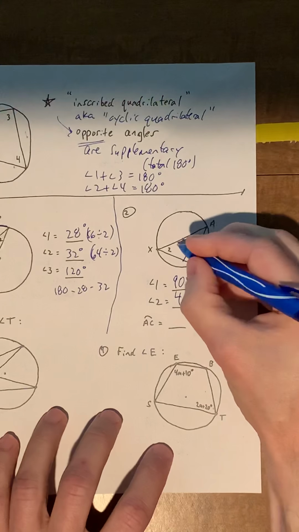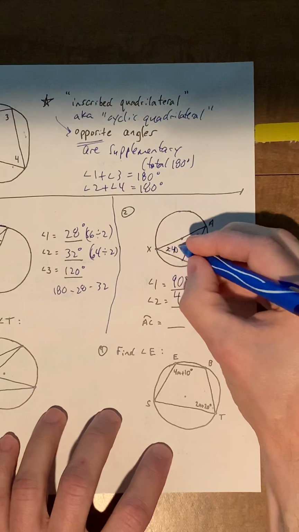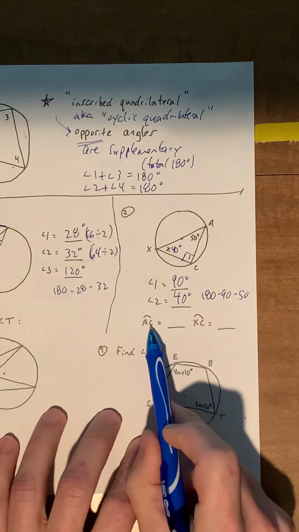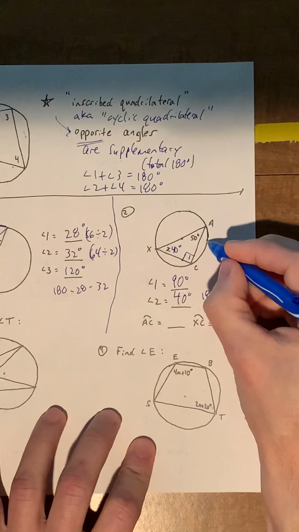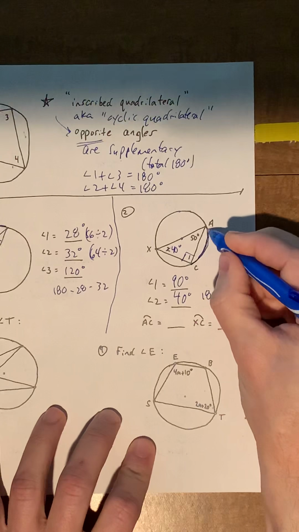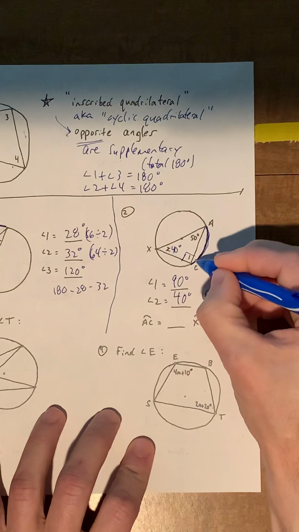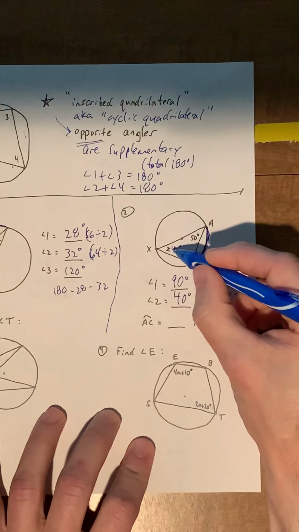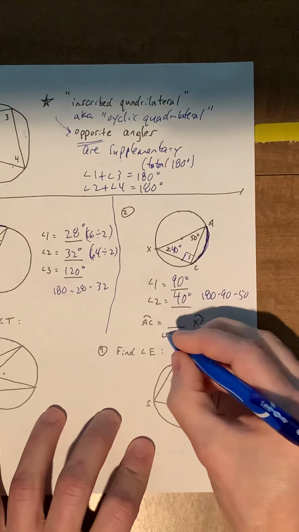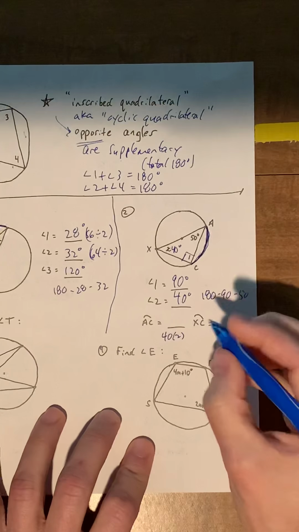All right, now we need to get a couple arc measures. First, arc AC, right here. Well, if we look at its inscribed angle, this is the intercepted arc for this inscribed 40-degree angle. So if we double it up, we should get an 80-degree arc.